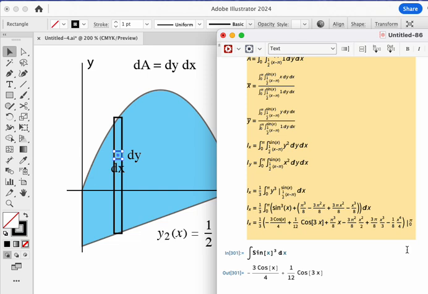Okay, sticking those limits in. Copy, paste. Hey, what's going on here?